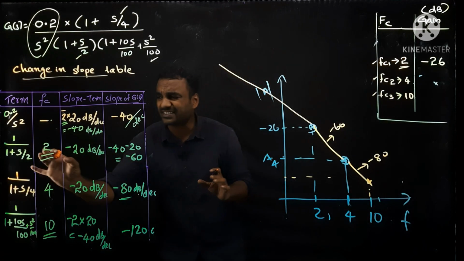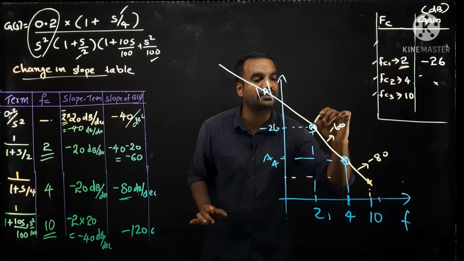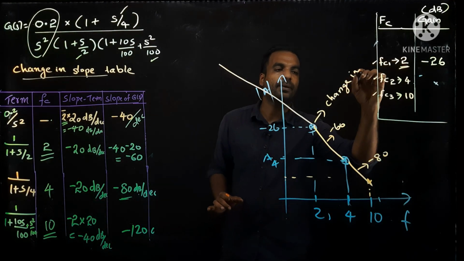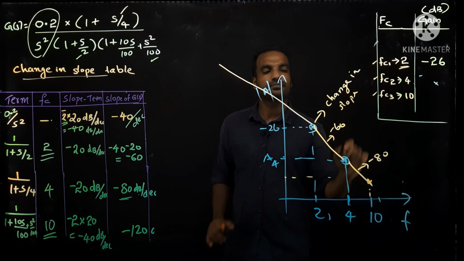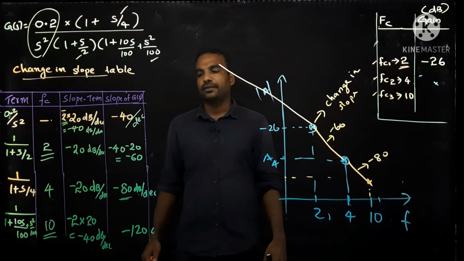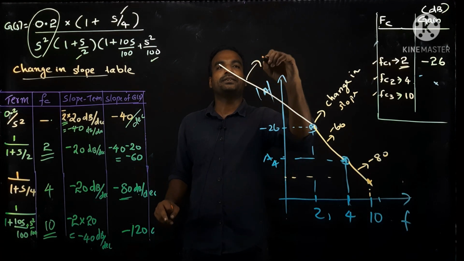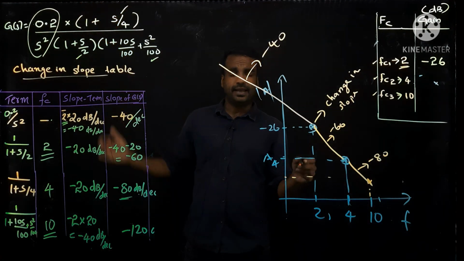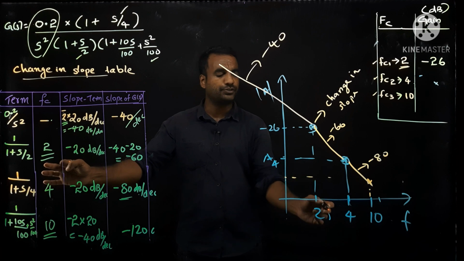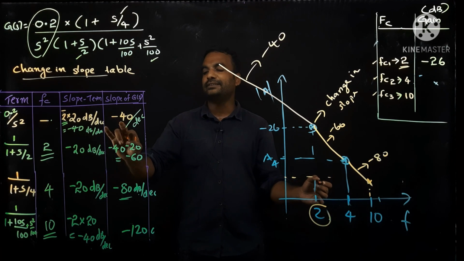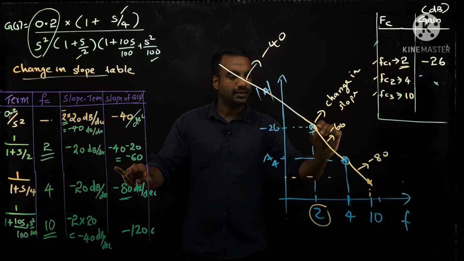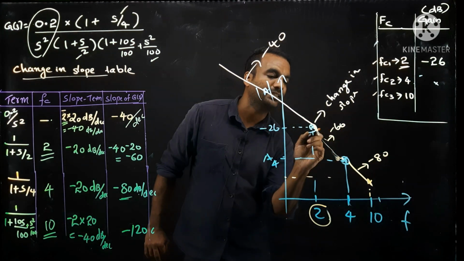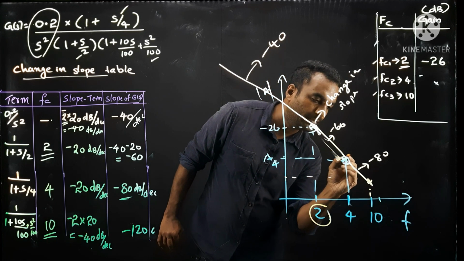Because the first corner frequency is the point where the first slope change happens. Up to that point the slope was minus 40. It is coming from far away, from negative infinity, and on reaching the first corner frequency of 2, its slope changes to minus 60. A change should be visible. This is a rough drawing, that is why the changes are not that visible.